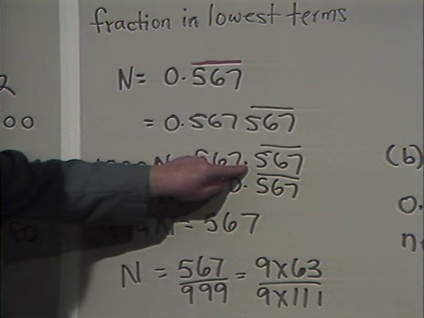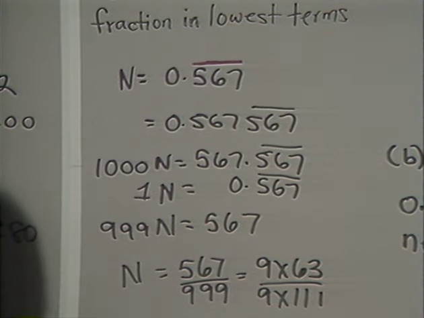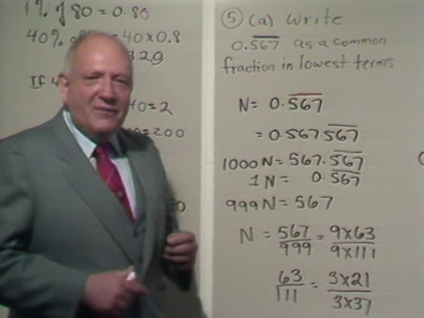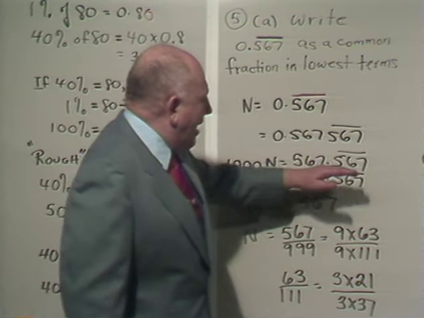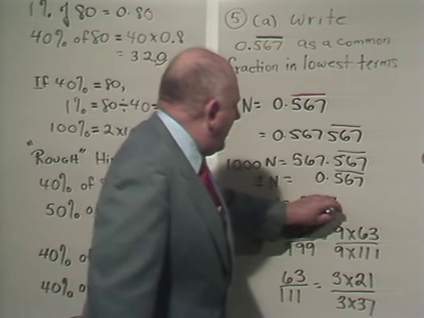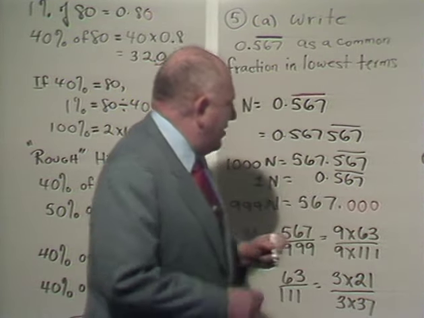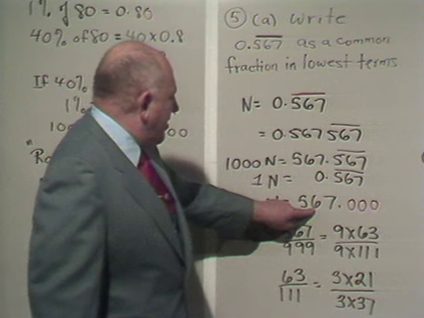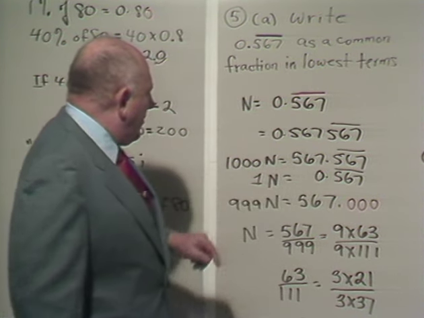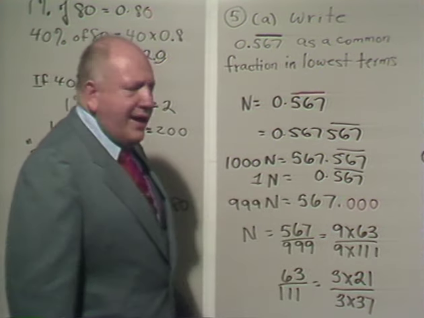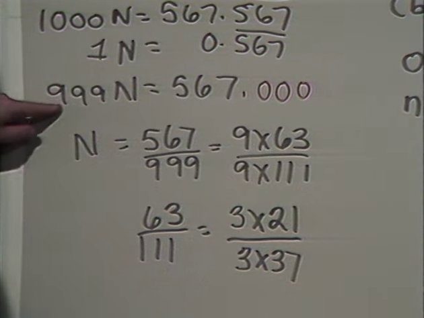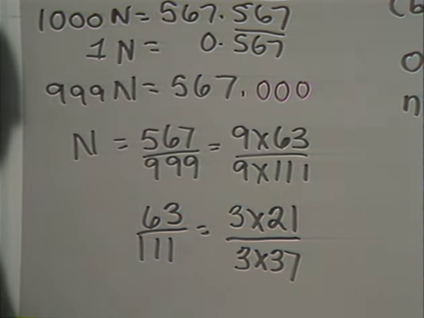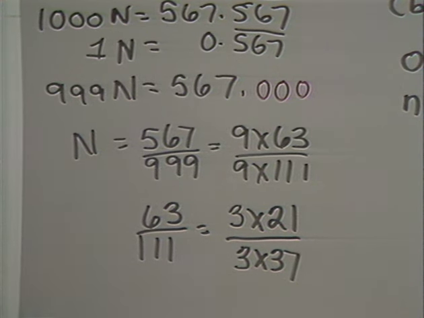The decimal part here is 0.567 endlessly, and the decimal part here is 0.567 endlessly. So when I subtract, the endless part drops out. I get all zeros, which is the same as nothing there. So I get 567 over here. 1n from 1,000n leaves me with 999n. If 999 times n is 567, n itself must be 567 over 999.